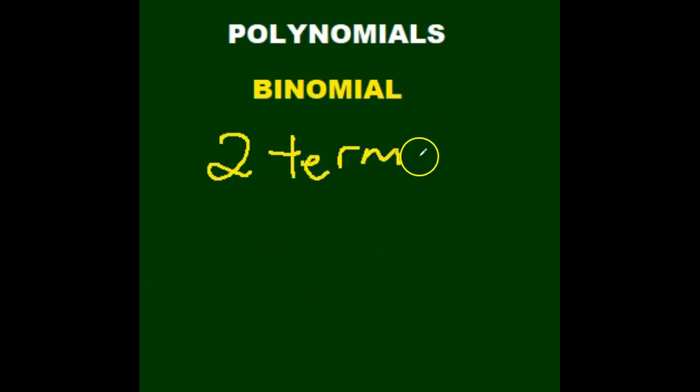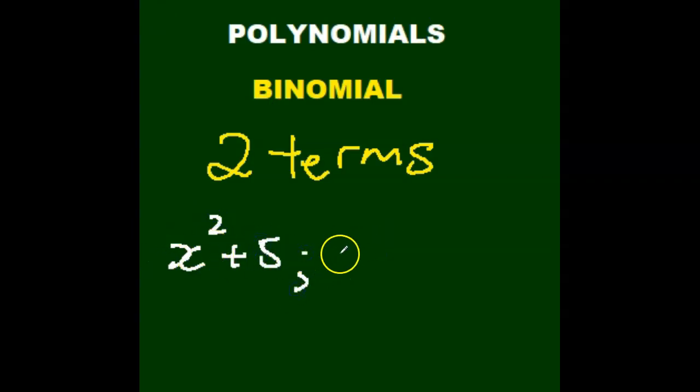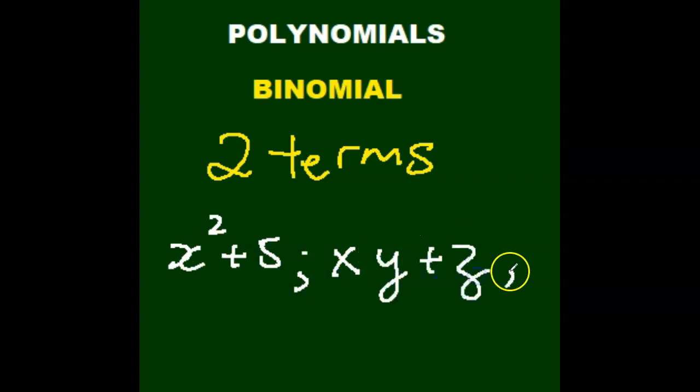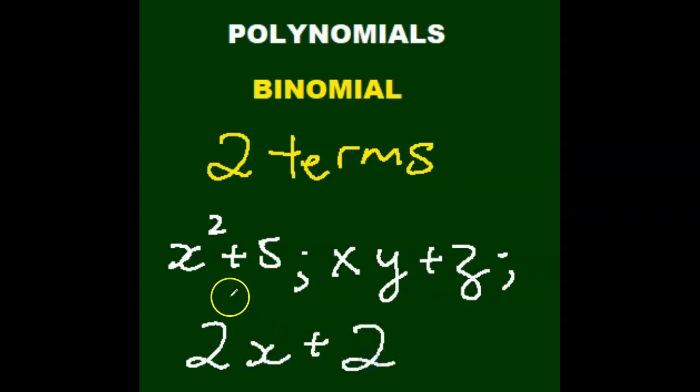Think of things like bicycle, bifocals. Bi means two. Examples of a binomial would be x squared plus 5, again, see, two terms, or xy plus z, or 2x plus 2. All two terms in the expression.